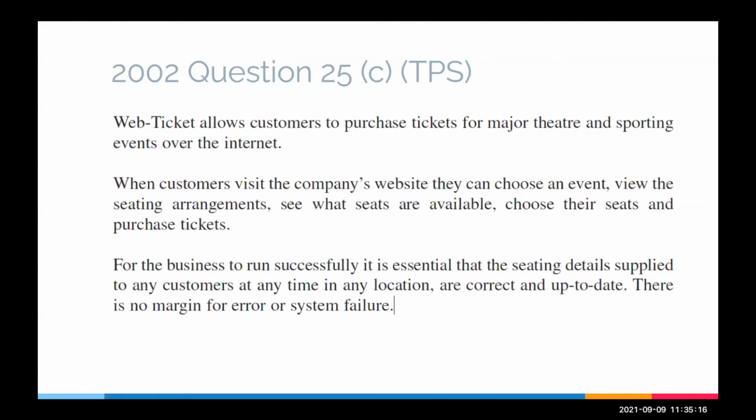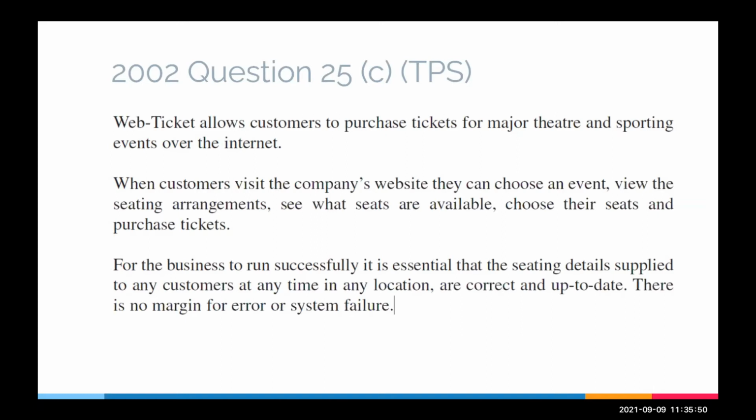Web ticket allows customers to buy tickets for major theater and sporting events. That's why I asked you to do a case study on either an online ticket booking system for flights, concerts, things like that, or hotel booking. You can read all this. When the customer visits the company website, they can choose an event, view the seating arrangement, see what seats are available, choose their seats, and purchase tickets.